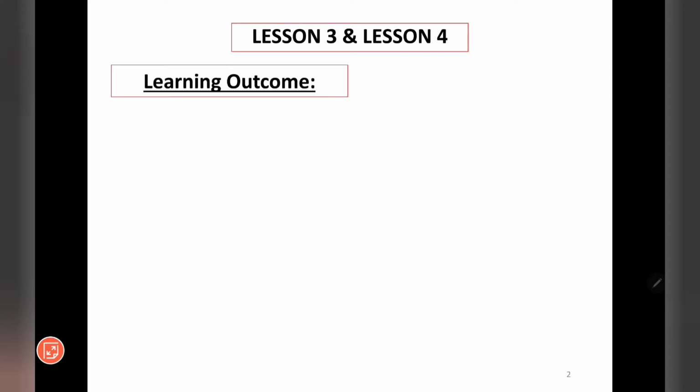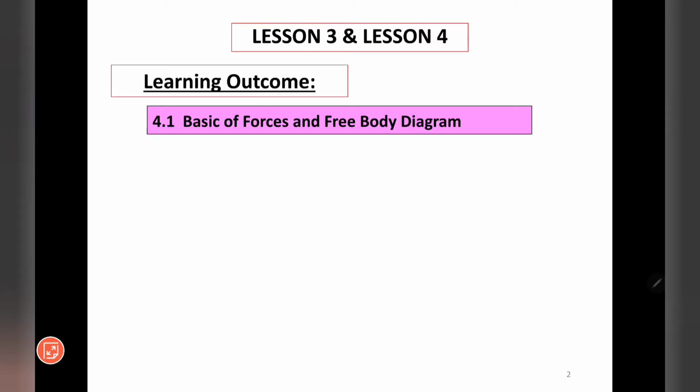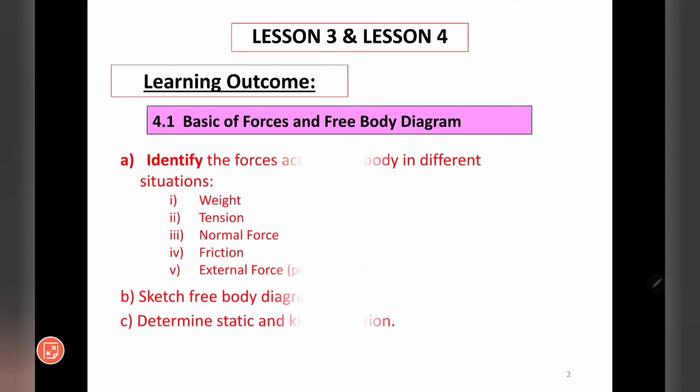The learning outcome is: students should be able to identify the forces acting on a body in different situations, which are weight, tension, normal force, friction, and external force, which is pulling or pushing force.